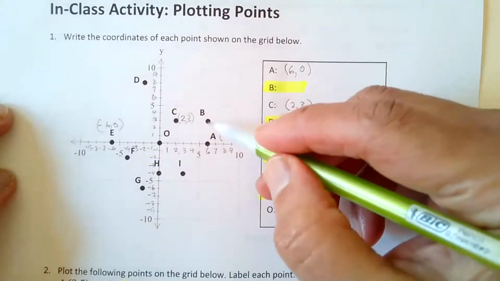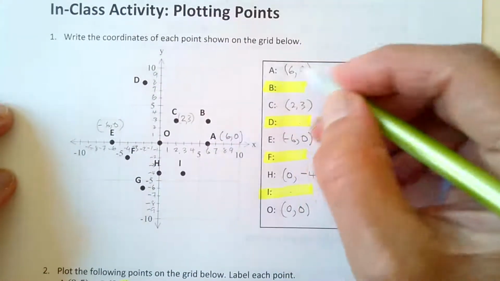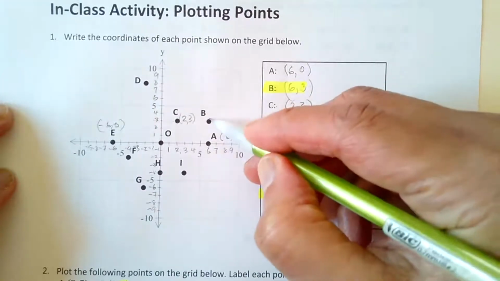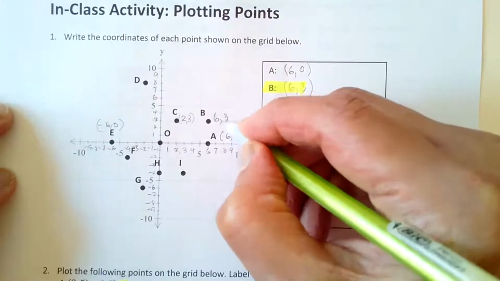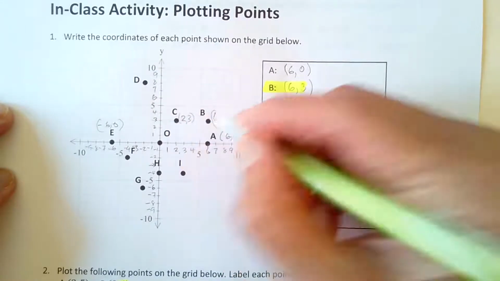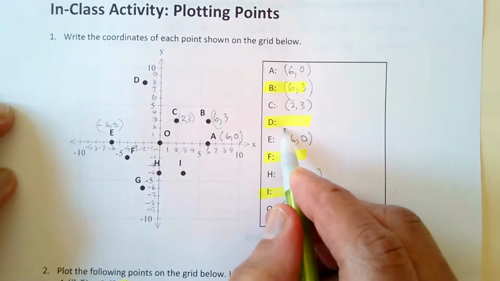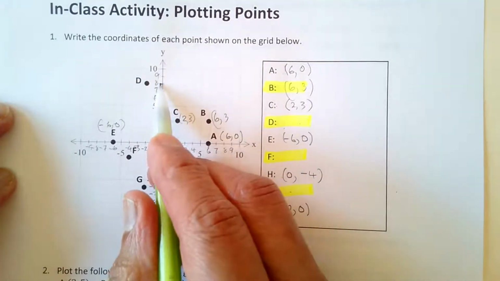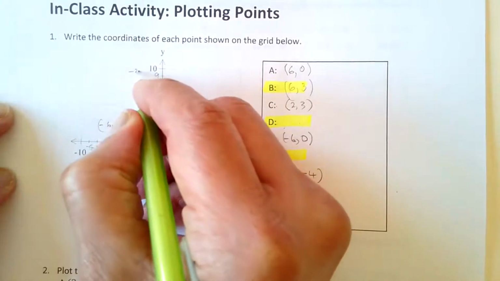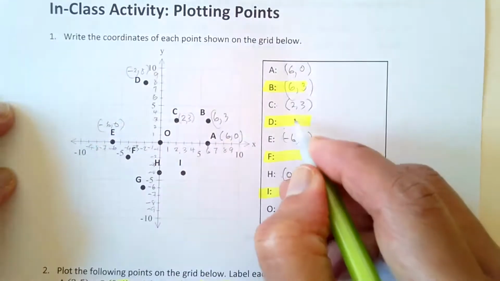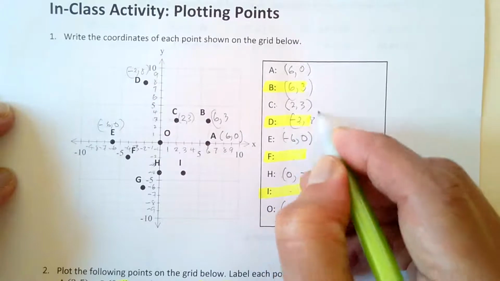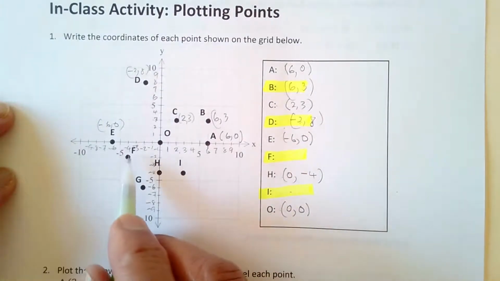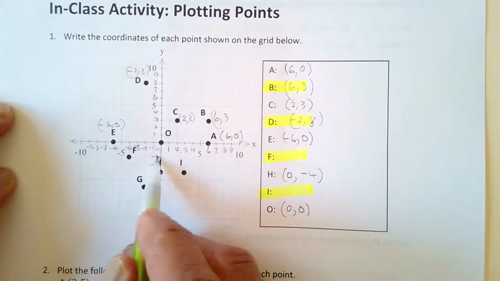Now B will be 6, 3. It's right here, so it'll be 6, 6, and this 3. D will be negative 2, 8. F, which is down here, would be negative 4, negative 2.